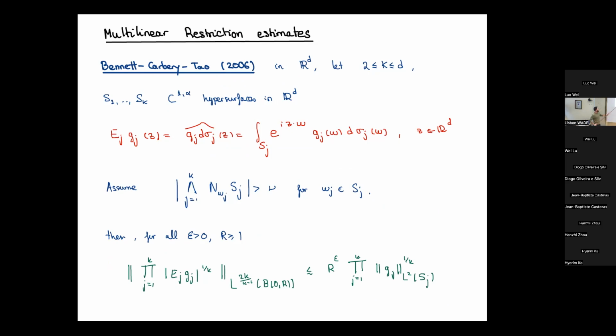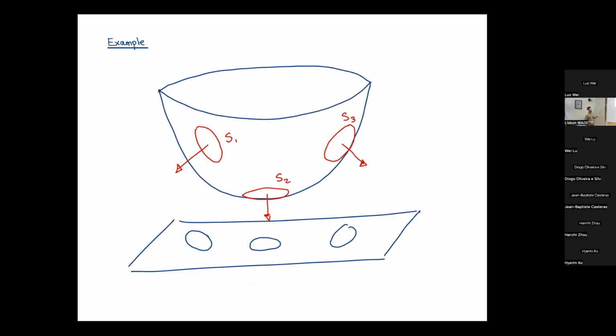And we can take as many factors here as we want with k up to d, and then we get an exponent depending on this number of factors. Just as an illustrative example, we have the paraboloid in R3, for instance, we have three patches of the paraboloid. These normals span R3, so that could be a good situation for this type of trilinear interaction between three pieces.